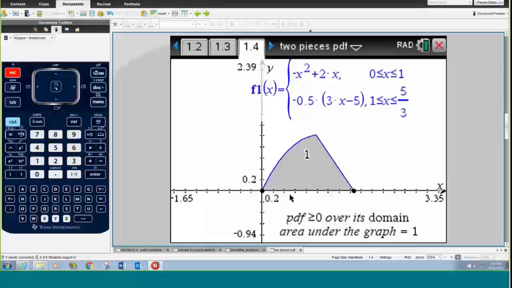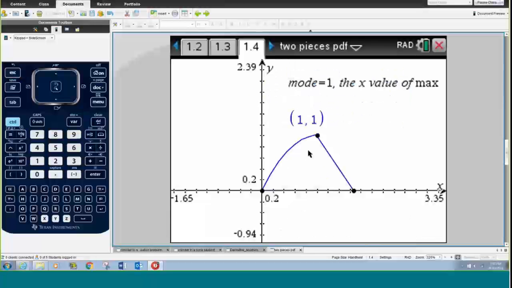So because the PDF is non-negative and the area under the graph is 1, we clearly have a valid PDF function here. This is not the best example as x and y are equal and students usually mix up those values, but they need to know that the mode is the x value for which we have a maximum. So in this case, it will be equal to 1.